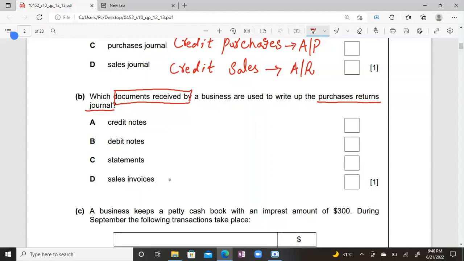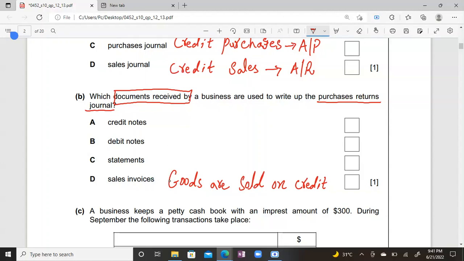Sales invoices. What is a sales invoice? We say that when goods are sold on credit, the business issues an invoice to its credit customer.